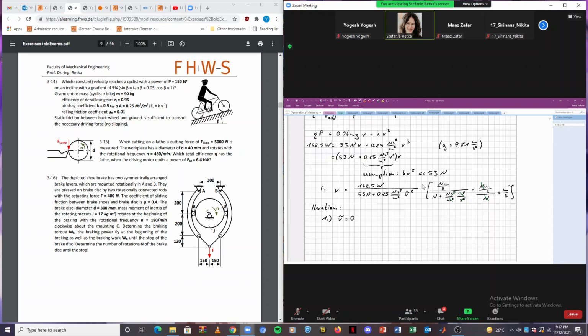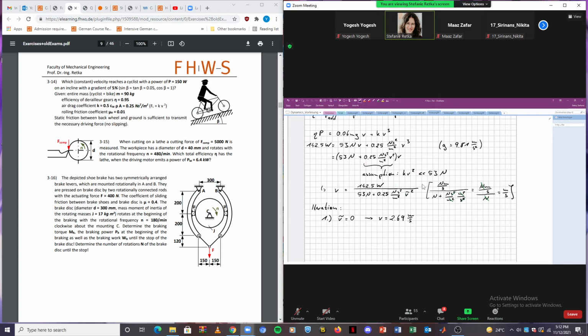That's what numerical programs do as well. If you do not define a starting value, then it will start with 0 as the first guess. Then we insert this velocity in the equation above, and we obtain a velocity of 2.69 meter per second. So as expected, they don't match.